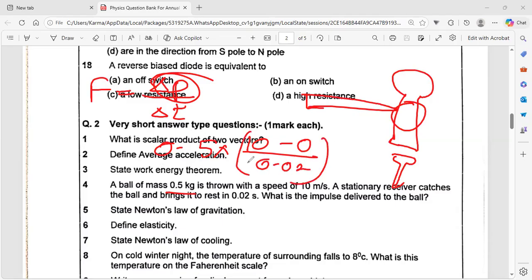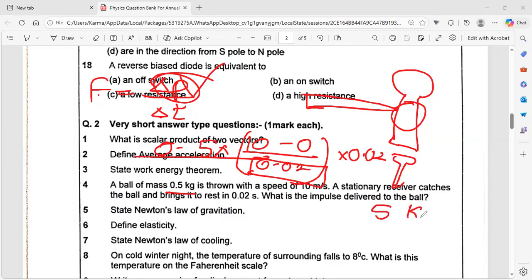This is force into time. I won't stay with the time, 0.5 into 10, because the impulse delta P is just force into time. This I'll multiply by 0.02. It will be just 0.5 into 10. Half of 10 will be 5.